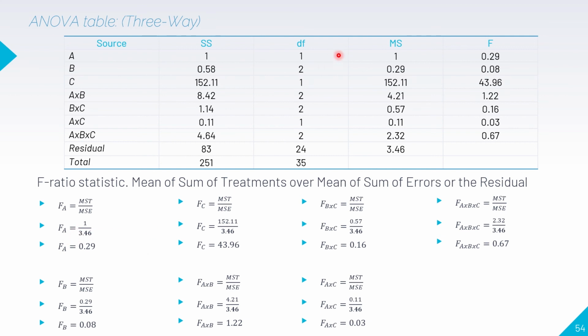We just need to divide the MS value of each source by the MS of the residual. So 1 divided by 3.46, we have 0.29 as our F ratio. We do that for each source, and we have these F ratios.